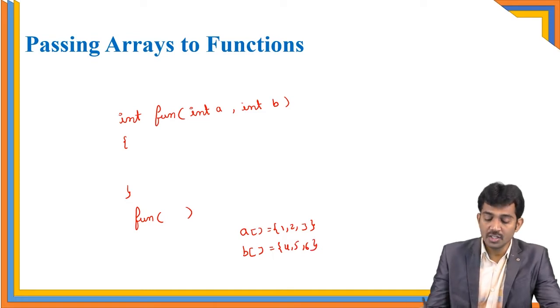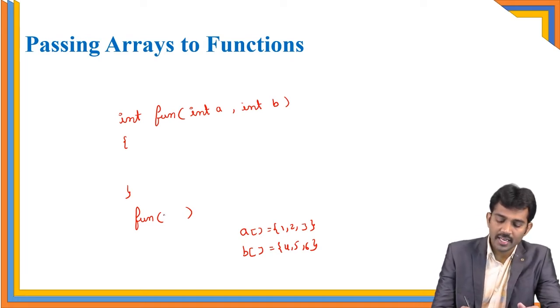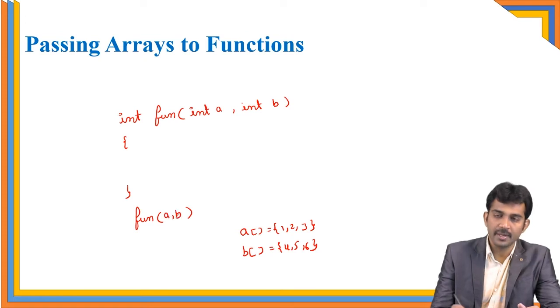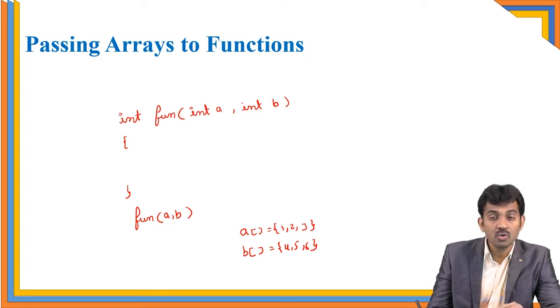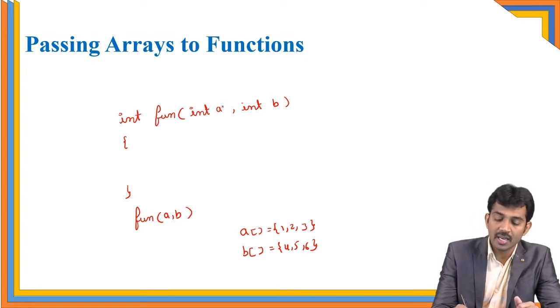If you pass these two into the function, observe clearly. If you pass A and B, then please remember we cannot assign a variable to a variable, I mean an array to another array. So you should use empty square brackets here. Then only it will allow.